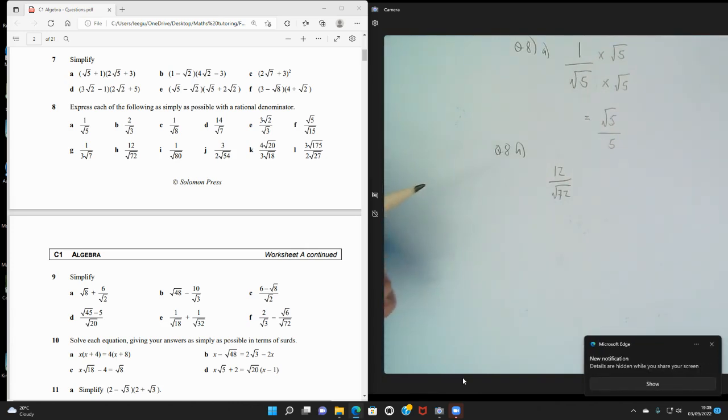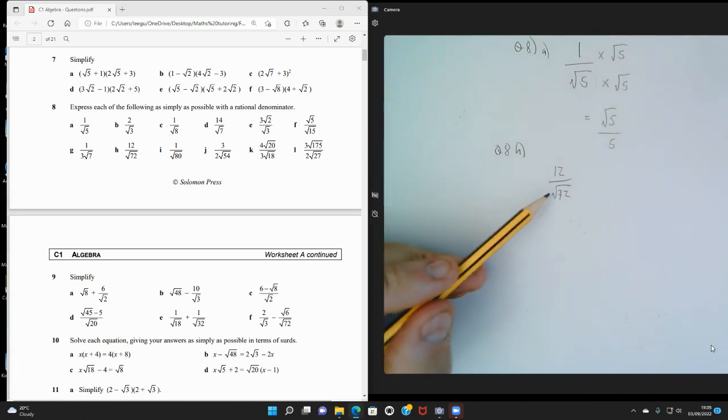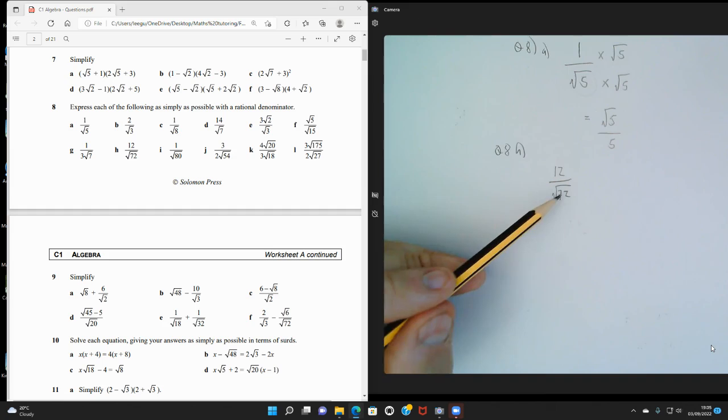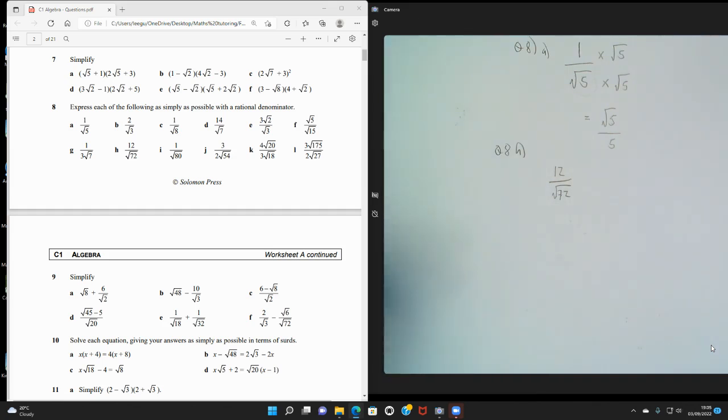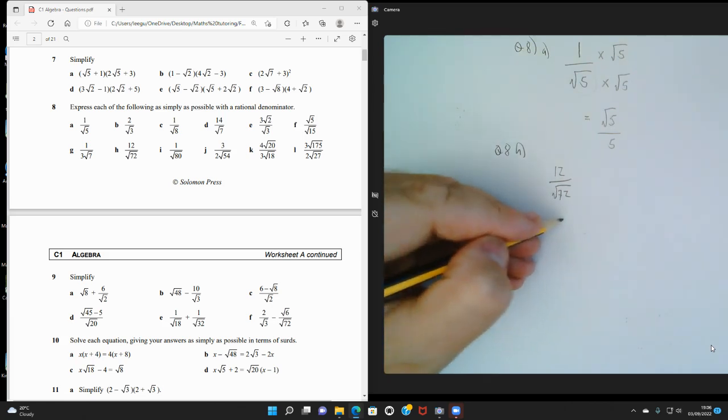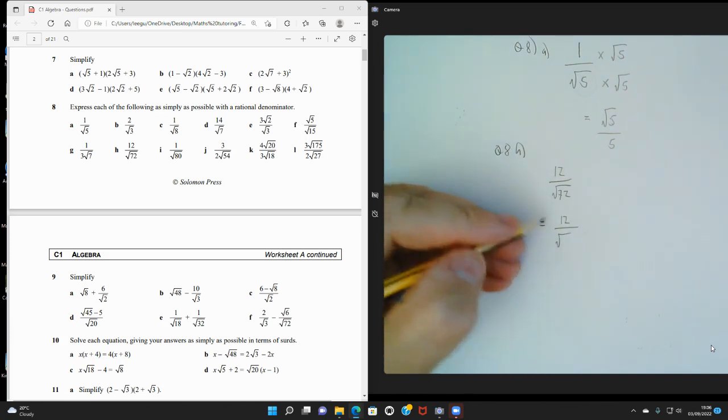And the way that's harder than it needs to be is if we were to multiply the numerator and denominator of this expression by root 72. In fact, we don't actually want to be doing that because the numbers are going to get big. So the appropriate approach for this one is to try and simplify this first. So I'd highly recommend that you simplify the surd before you multiply.